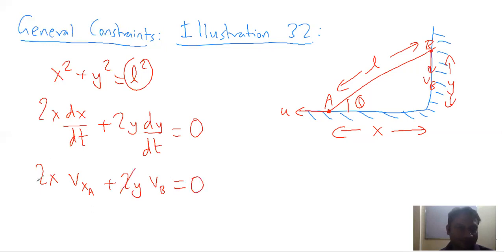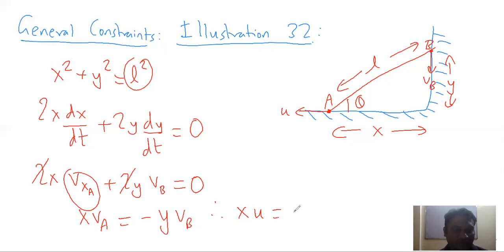So 2 cancels. Instead of Vx, we can write velocity of A itself, so let me write Va is equal to minus of y VB.